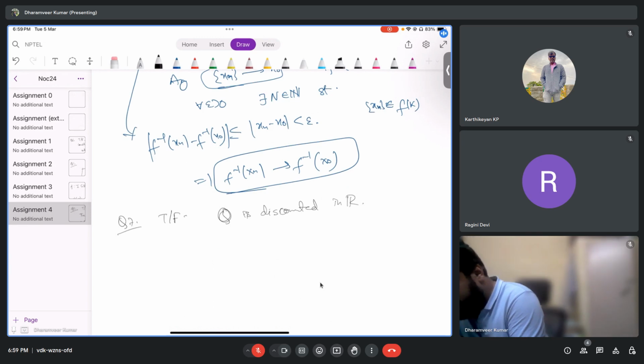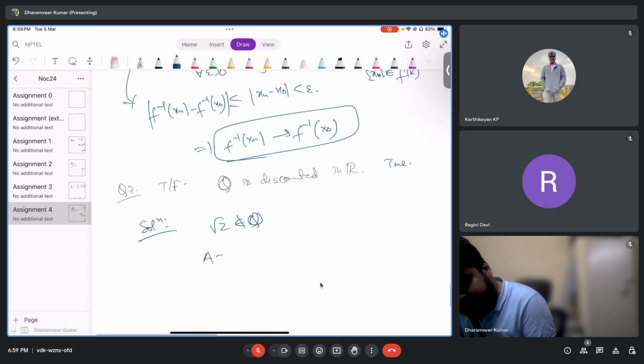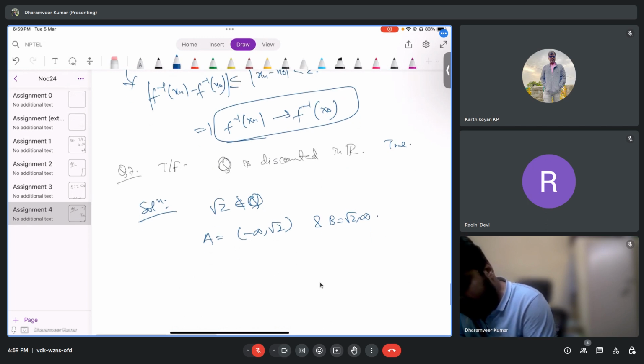So the solution is, this is a true statement. We know that root 2, we have proved that it is not a rational number, right? So now you take a set A which is minus infinity to root 2 and B equal to root 2 to infinity. So these A and B are what?